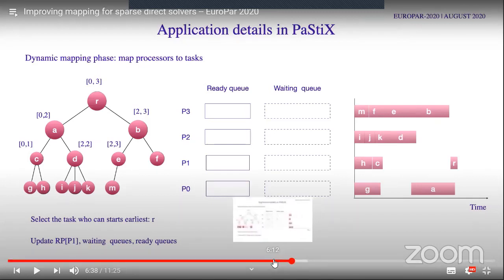So for example, C can start before G finishes. Is this because they are super nodes and not all data are necessary?